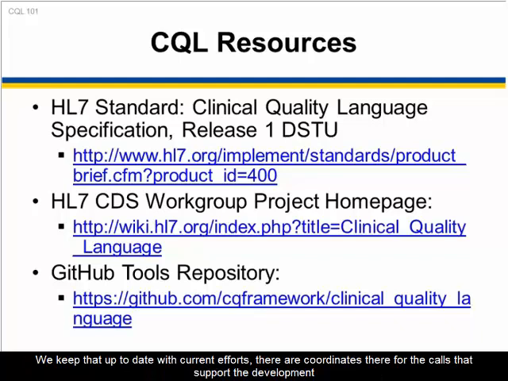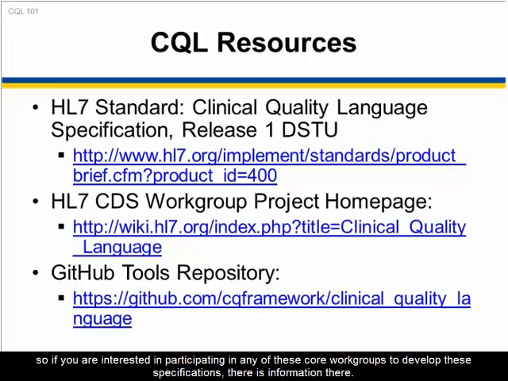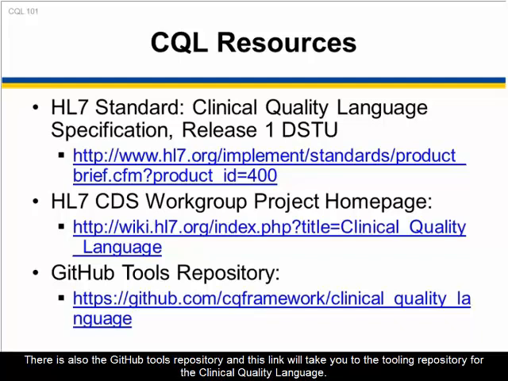We keep that up to date with current efforts. There are coordinates there for the calls that support the development. So if you're interested in participating in any of these work groups and the calls to develop these specifications, there's information there. There's also a GitHub tools repository.